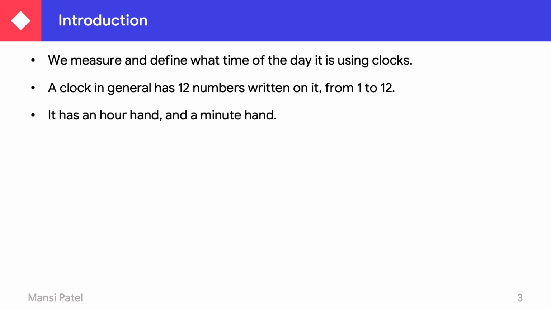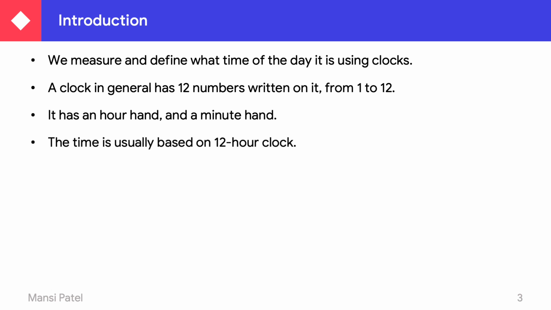After that, a clock has an hour hand as well as a minute hand. And we can say there is a third hand, which is continuously moving in the clock, known as the second hand. But when we have to draw the clock, we don't need to draw the second hand, but you see this second hand in your clock.